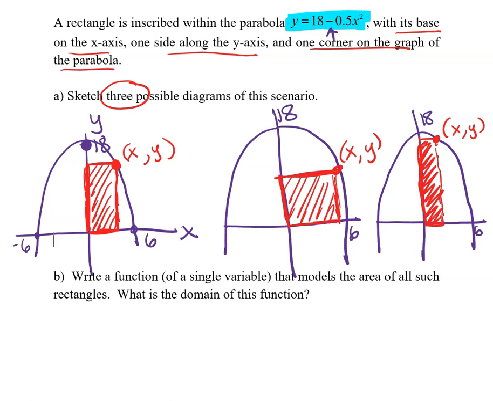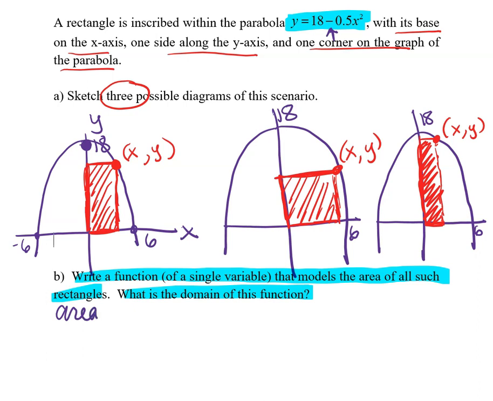Now let's focus on writing a function of a single variable that models the area of all such rectangles, and then we'll look at what is the domain of that function. So if we think about how we find the area of a rectangle, hopefully we recall that it is length times width or base times height.